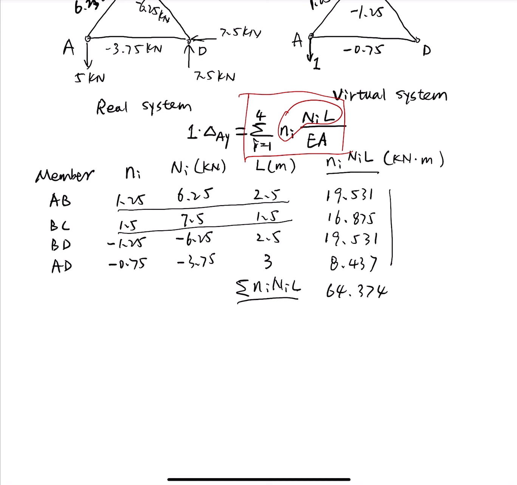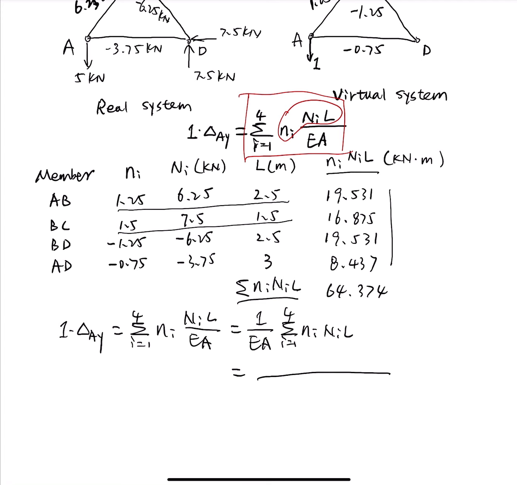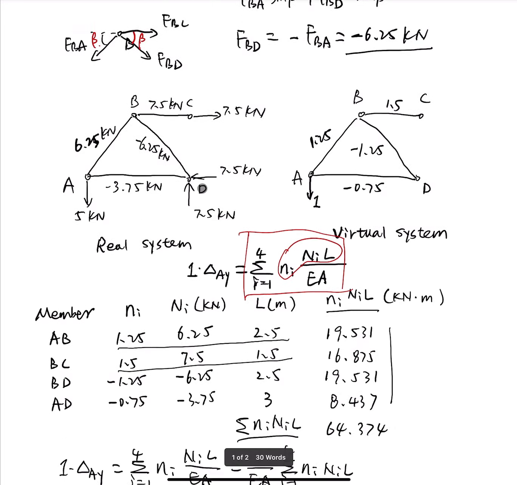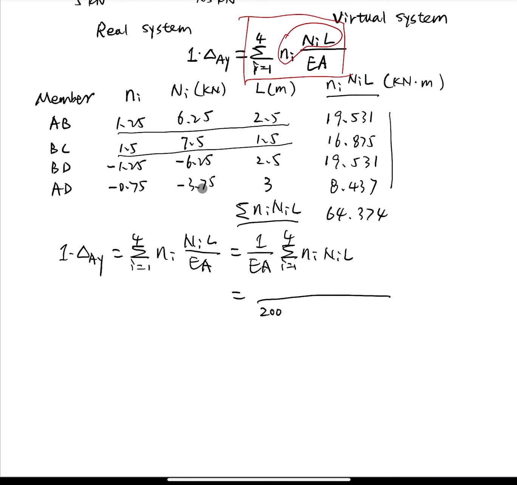Then once we got this value, we can apply the equation here. So 1 times delta AY is equal to the summation of small n_i, capital N_i, L over EA. And we know EA is a constant, so we can move EA out. Then, E is 200 gigapascal, and the area is 600 millimeter squared. So E is 200 gigapascal, times 10 to the 9th, converting Young's modulus to Pascal.